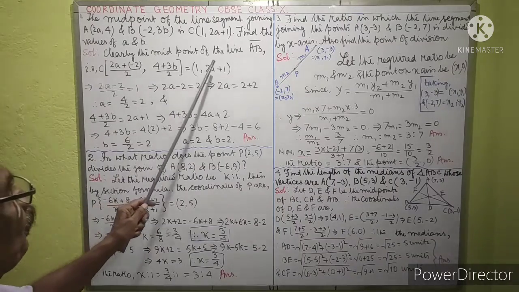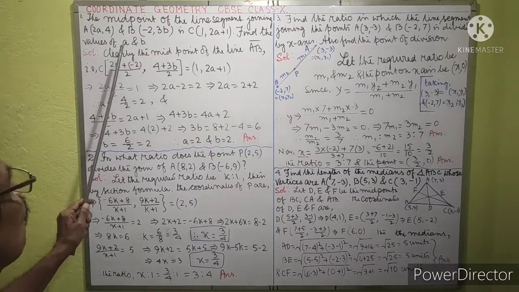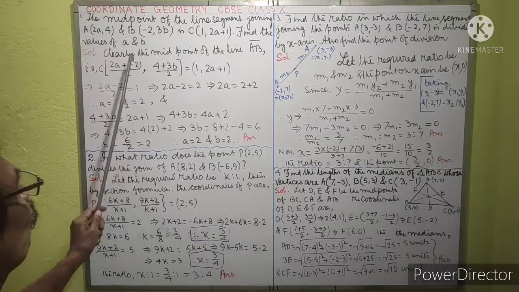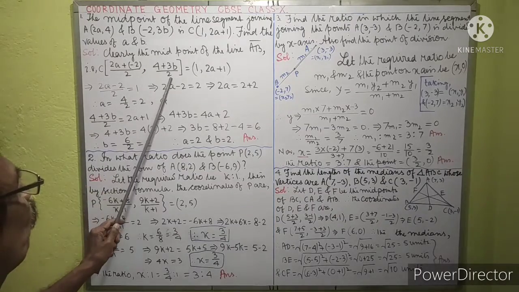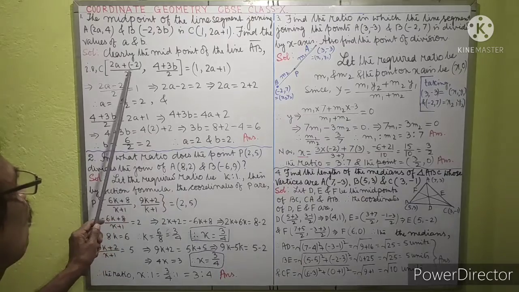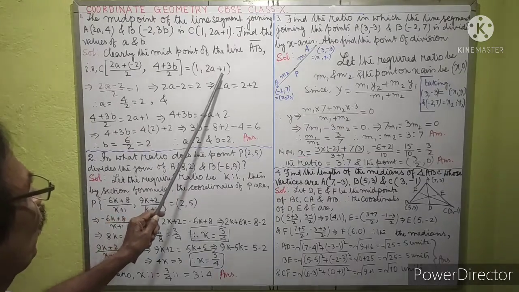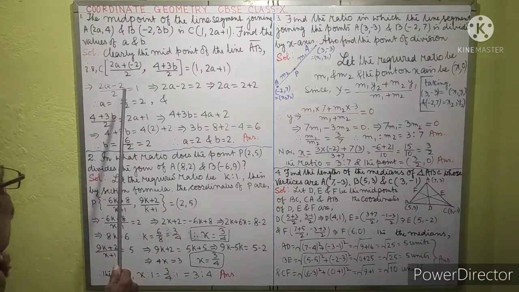Clearly the midpoint of the line AB, that is C, equals (x1 plus x2 by 2, y1 plus y2 by 2). That is, this equals 1 and this equals 2a plus 1.